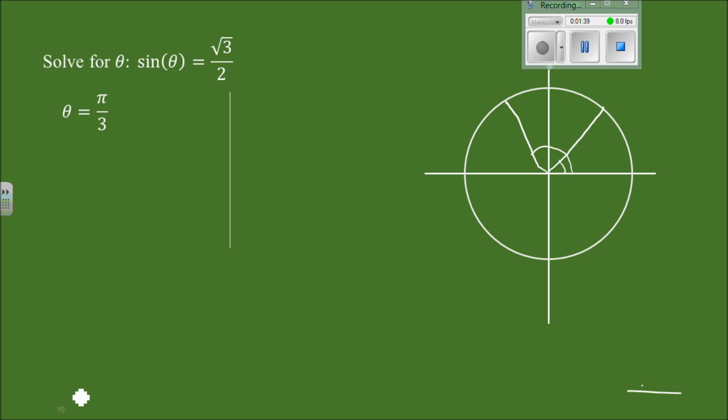Now, it's not only pi by 3, but also, let's see, if you start here and go all the way around once, and then go back up here again, that would be 2 pi plus pi by 3. So that's 6 pi by 3 plus pi by 3, which is 7 pi by 3.